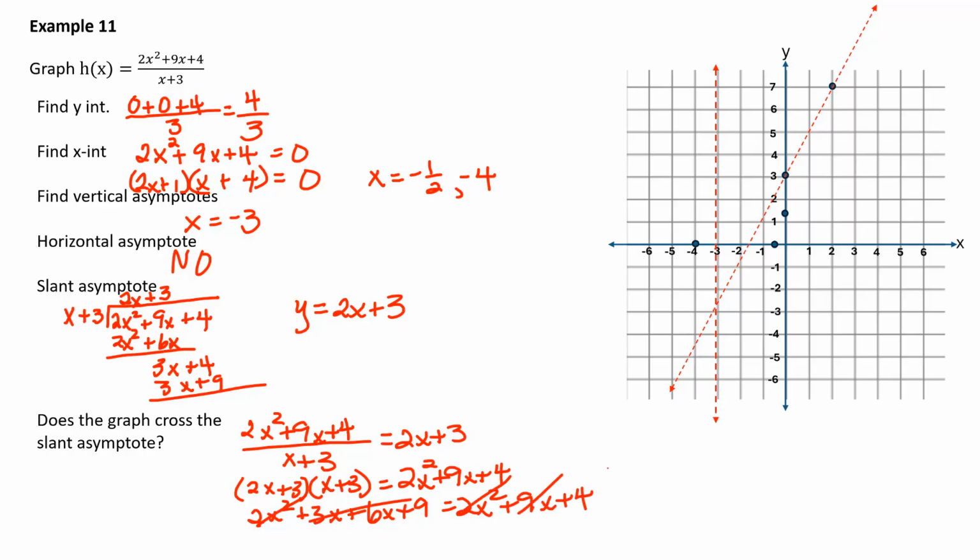The x's are going to cancel, and you end up with 9 equals 4. So no, the function will not cross the slant asymptote, because 9 equals 4 is not true. That's telling me it cannot equal that, so it can't cross that asymptote.